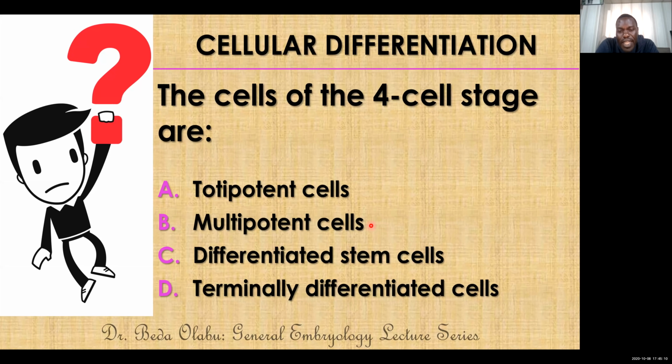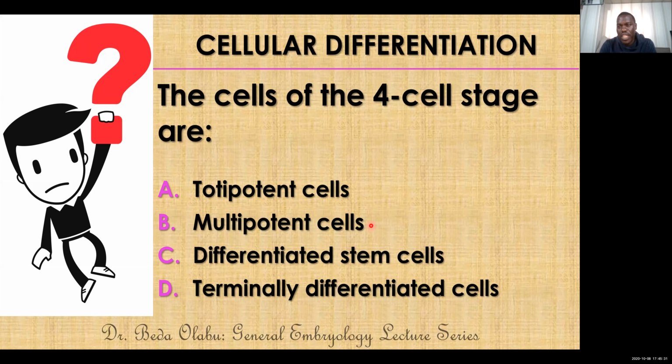Cells of the early embryonic period are totipotent cells. A closer term for that is pluripotency. But pluripotency is somewhere between totipotency and multipotency.